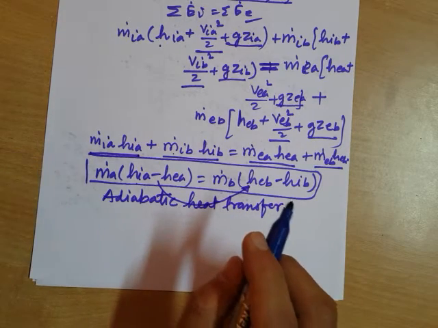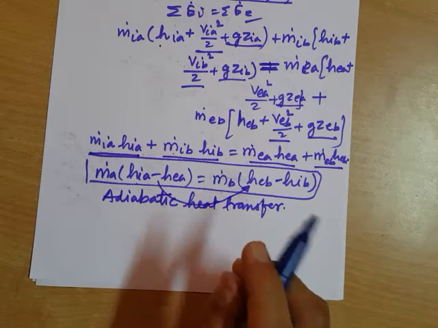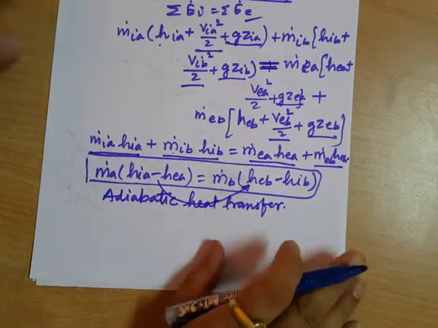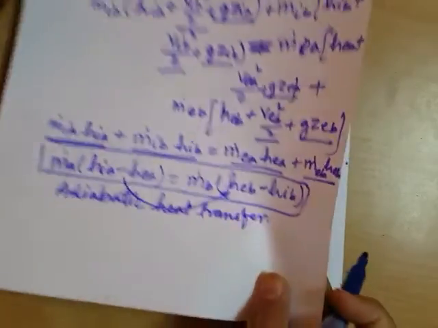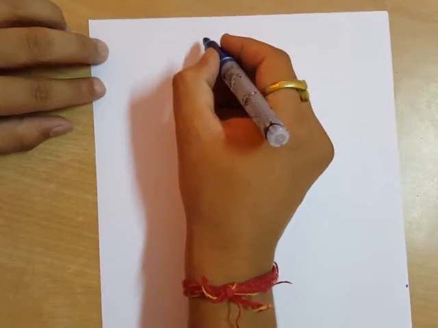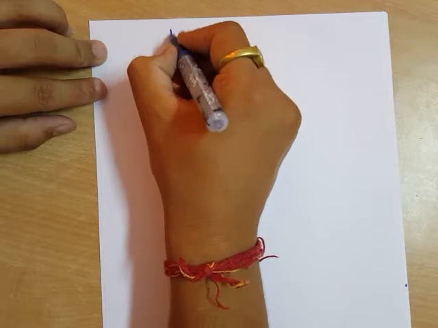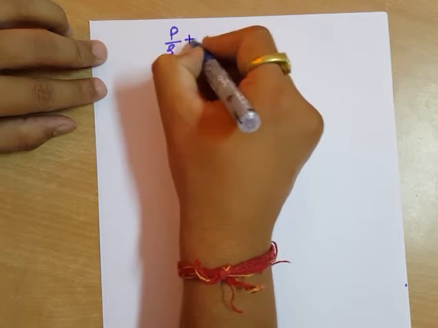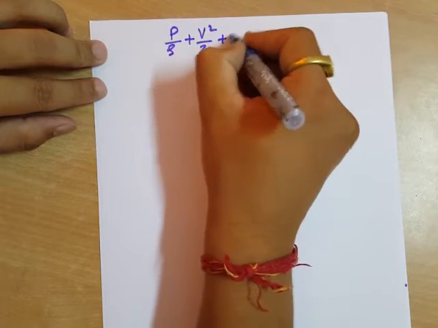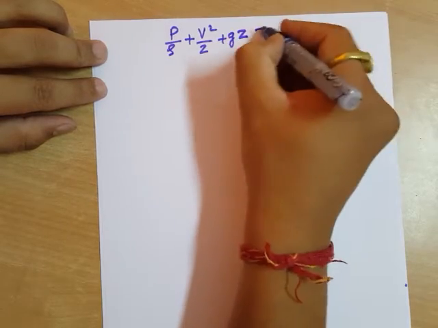Now, some people are very much confused about the sense of energy and mechanical energy. Friends, the term P by rho plus V square by 2 plus GZ is equal to constant.